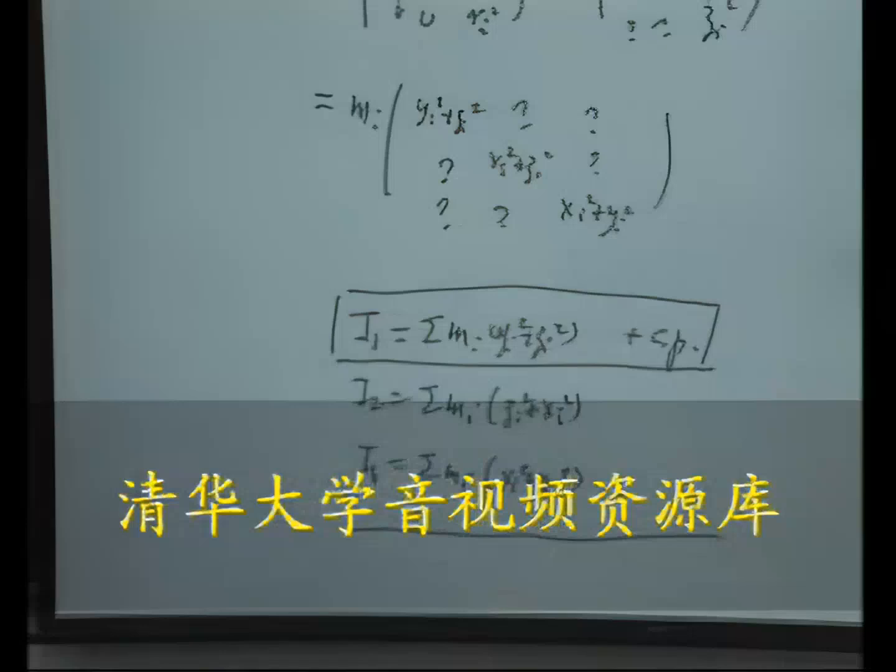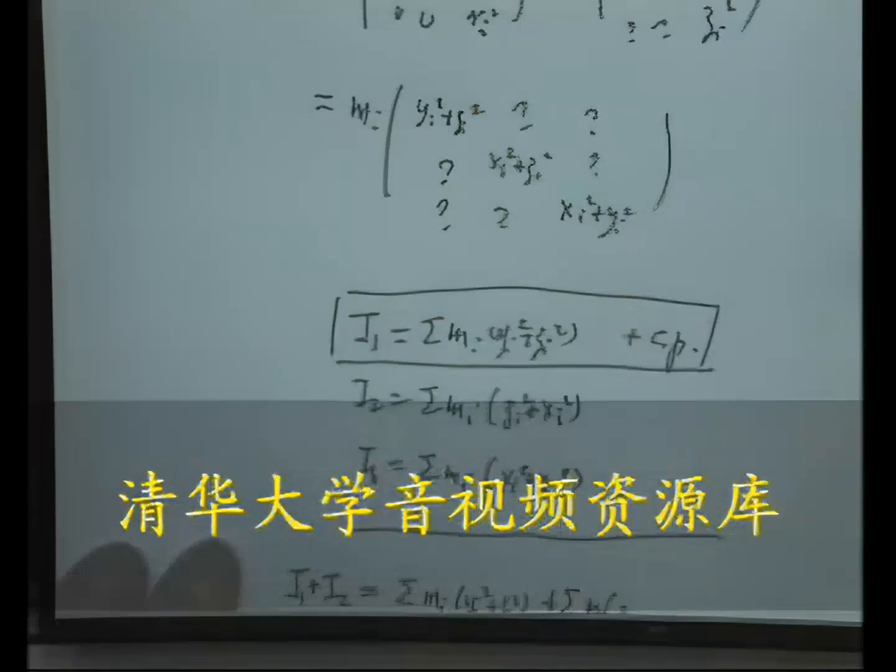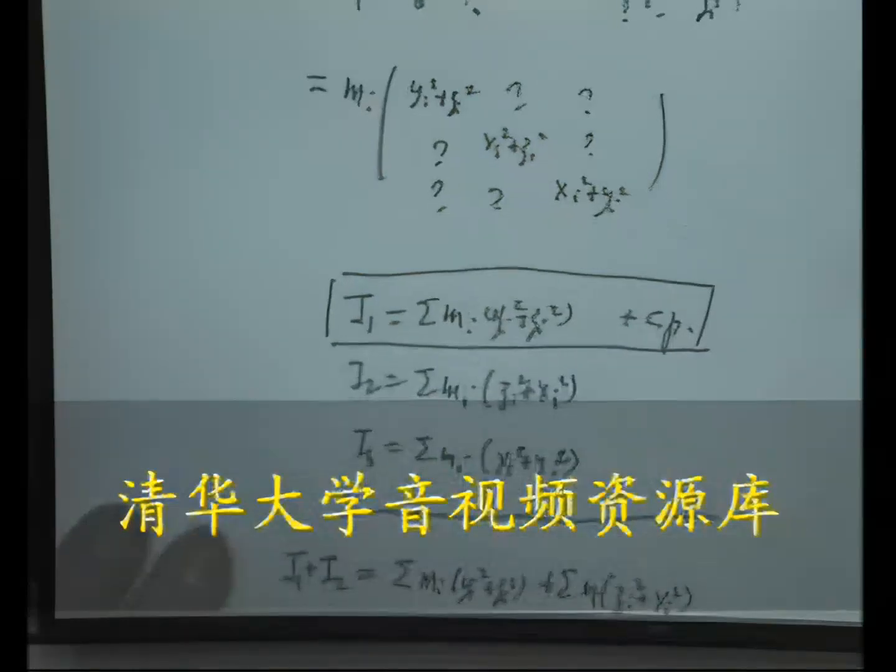Because of this, we have a formula. Let us take I1 plus I2. I1 plus I2 is equal to summation mi times yi squared plus zi squared plus summation of mi times zi squared plus xi squared. So that is equal to summation mi times xi squared plus yi squared plus 2zi squared. And that's clearly bigger than I3.